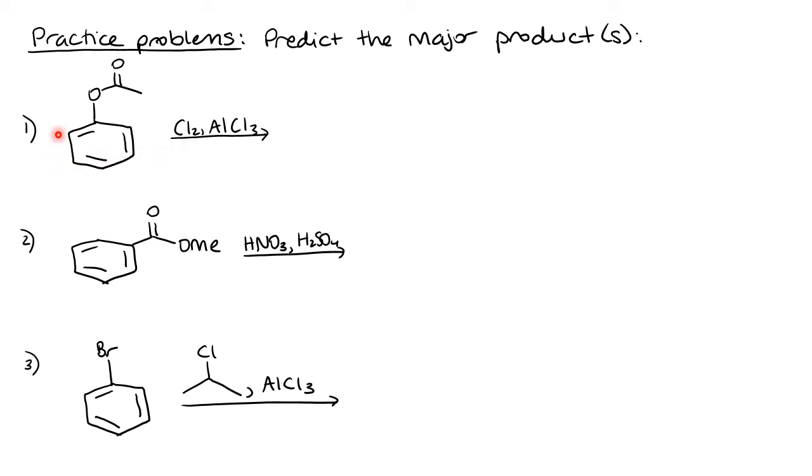So for our first problem, we have this group attached to our benzene ring. Now, even though it contains a carbonyl, and we typically associate carbonyls with deactivating groups or meta-directors, this carbonyl is not directly connected to the benzene. So let's focus on this oxygen atom. Oxygen has two lone pairs that we can draw in.